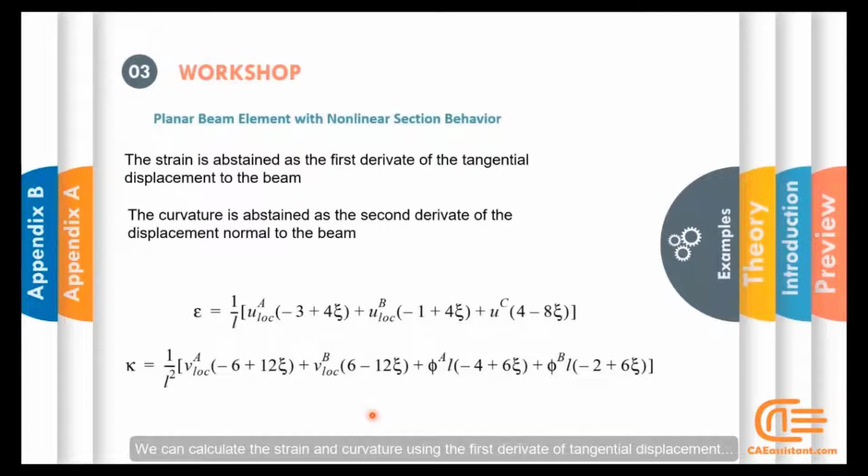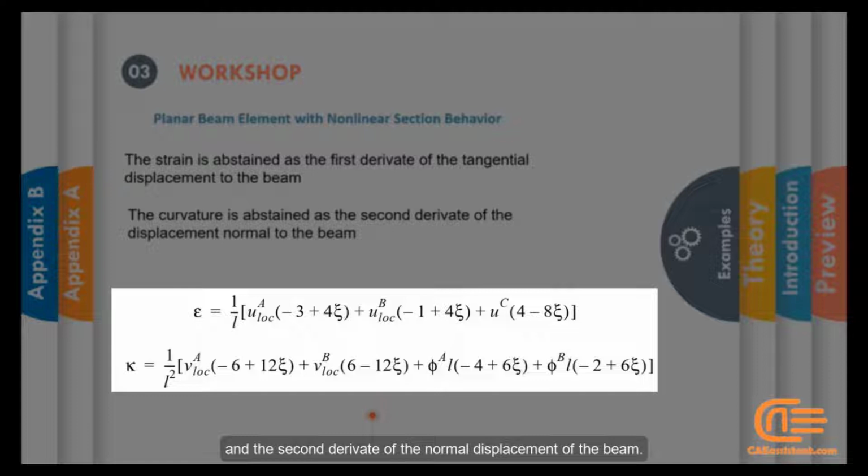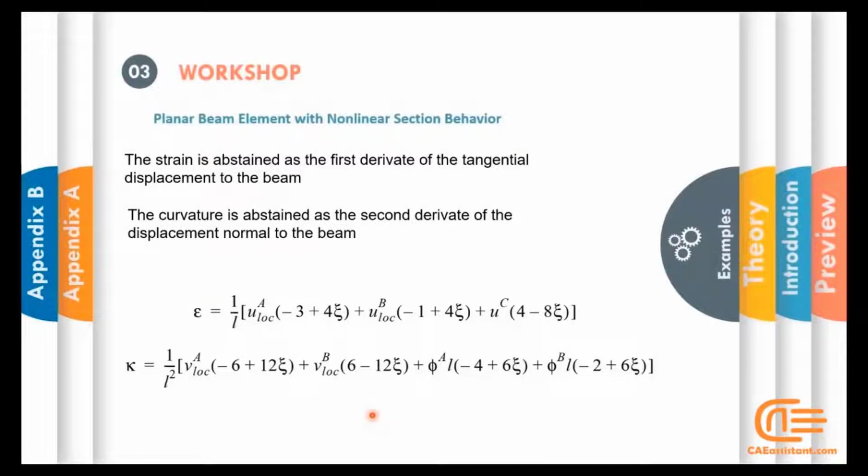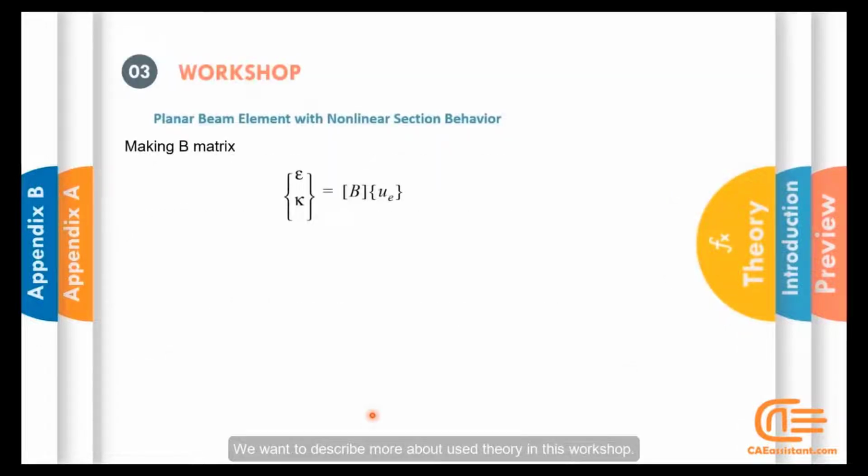We can calculate the strain and curvature using the first derivative of the tangential displacement and the second derivative of the normal displacement of the beam. We want to describe more about the theory used in this workshop.